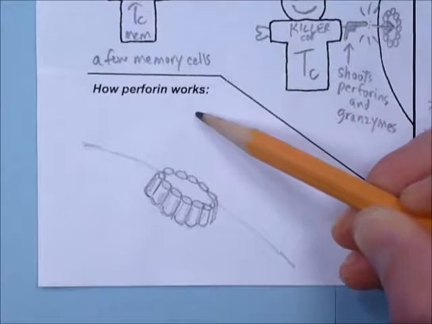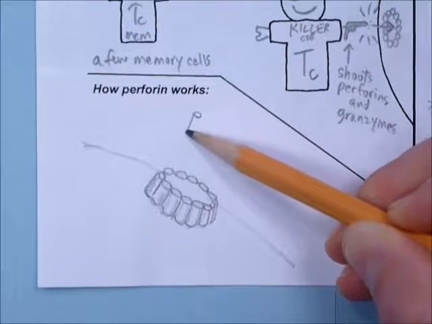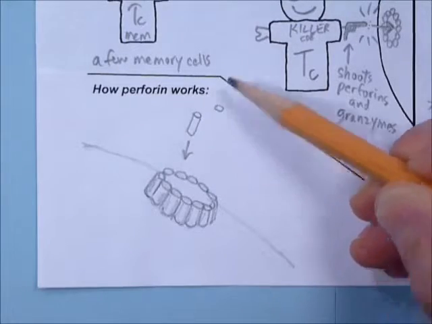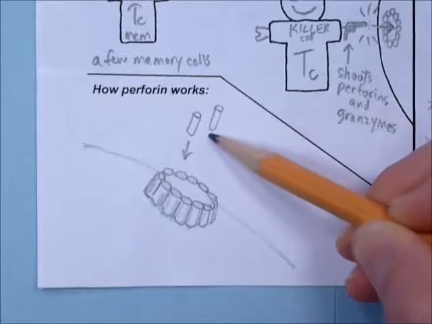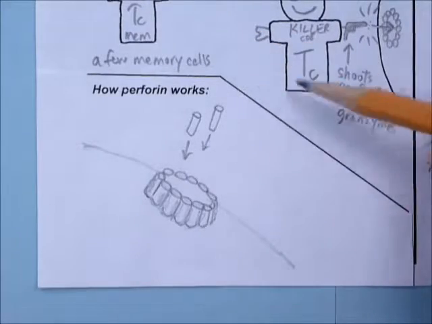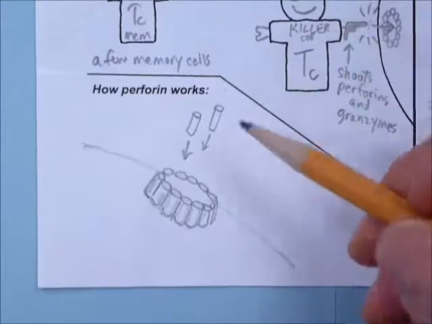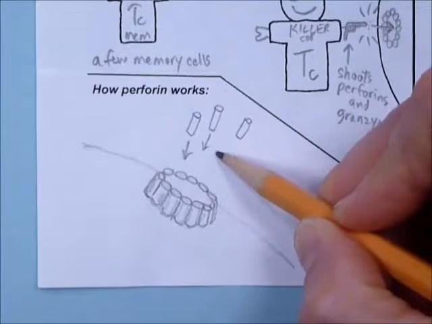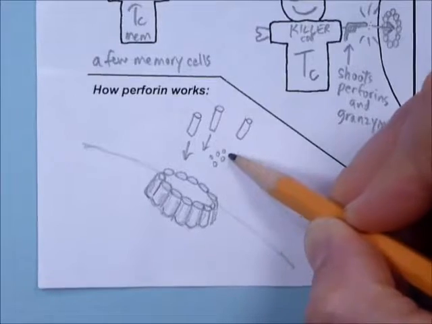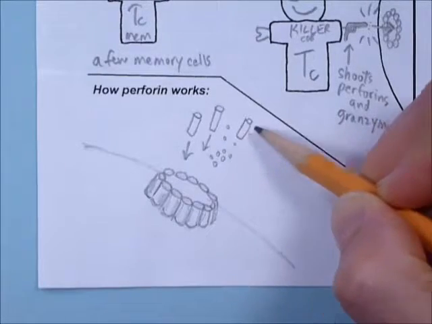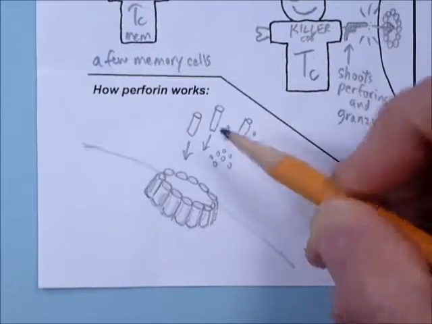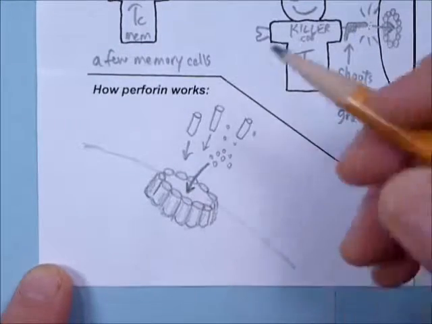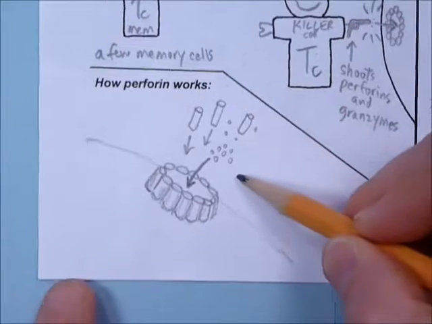So let's make some individual units kind of coming down. So the T cell that shot these out would be up here. We could pretend it's this guy here. And let's draw some little dots here for our granzymes, because several different things come out of these little vesicles. And one of them is granzymes.